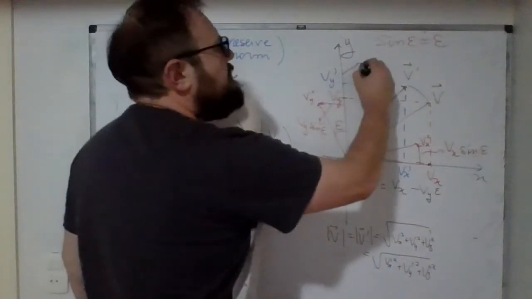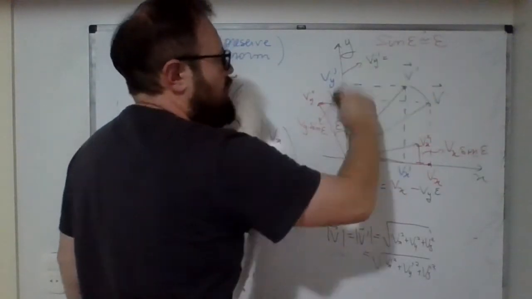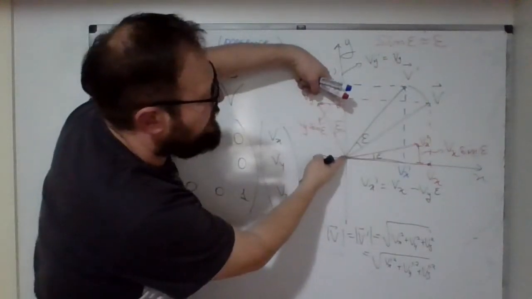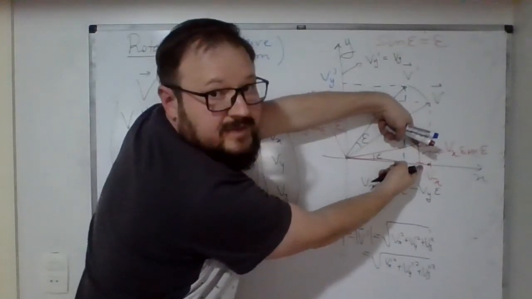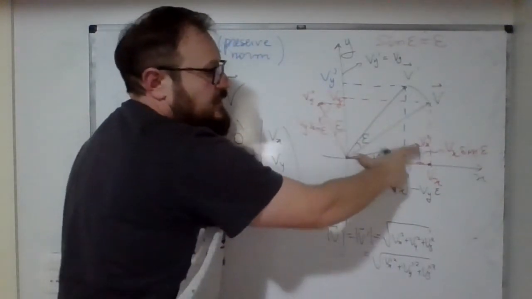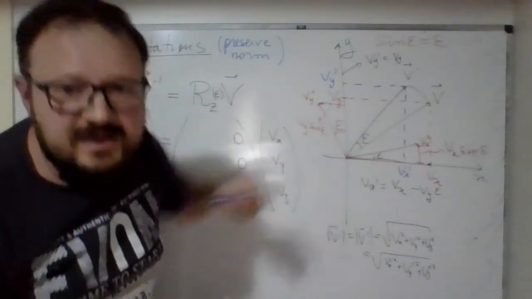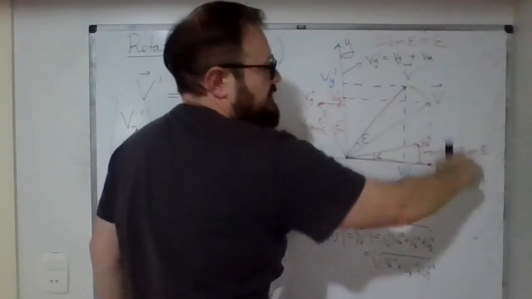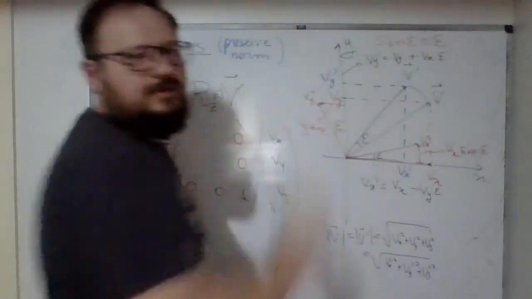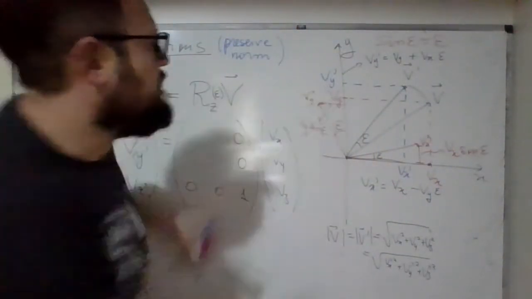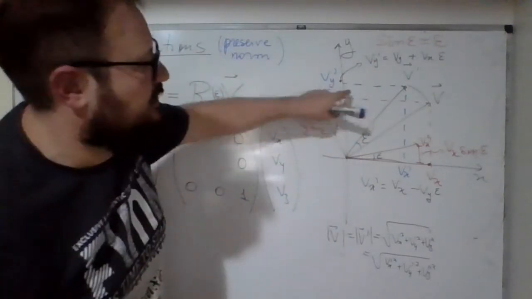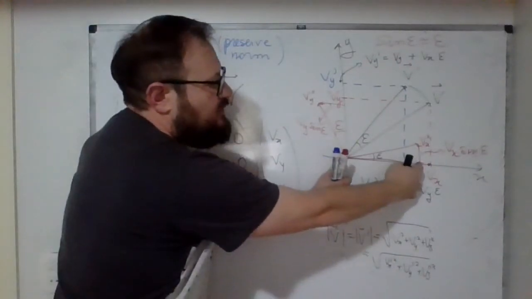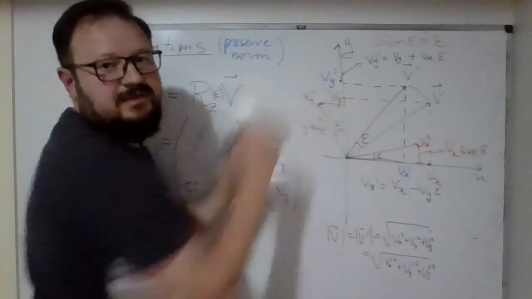And the Vy primed here is just the original Vy, but it increases because of that amount gained, that part which is a result of the rotation of the x component. So Vy plus Vx times the sine of epsilon, which is just epsilon. All right. So the Vy primed here is just the original plus that amount here. Okay. And the Vx primed, the transform, is just the original minus that quantity here.